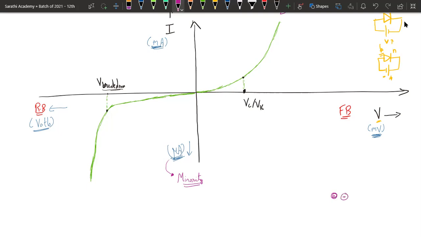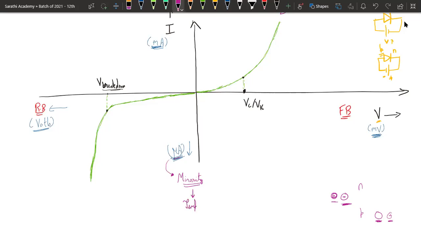So if it is n type, there will be more electrons, so electrons will be majority charge carriers and holes will be minority. If it is p type, there will be slightly more holes and fewer electrons, so holes will be majority charge carriers and electrons will be minority. So in this case the minority charge carriers carry the current, so that is why the current is a bit less. And this depends on the temperature.